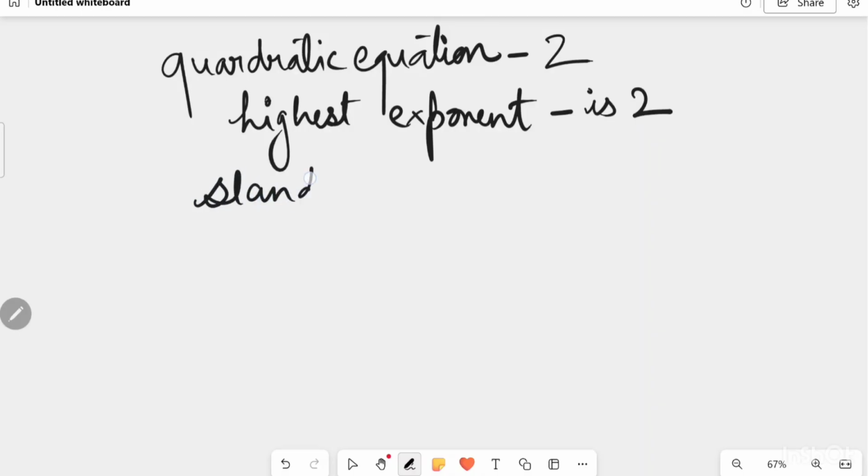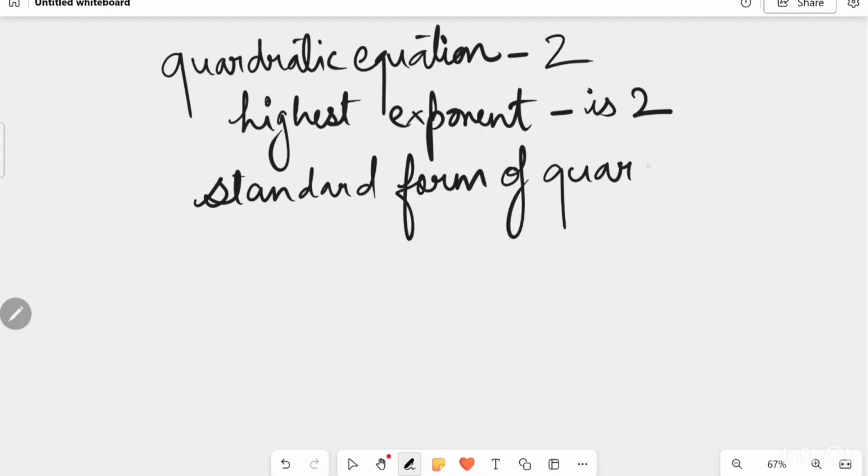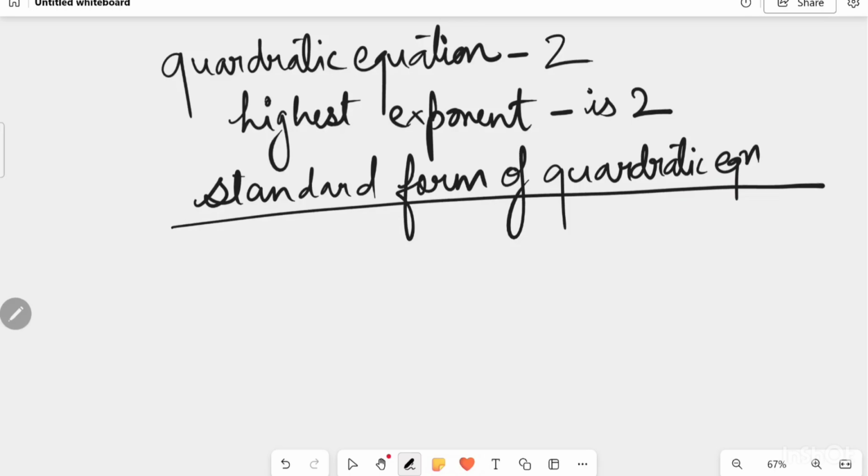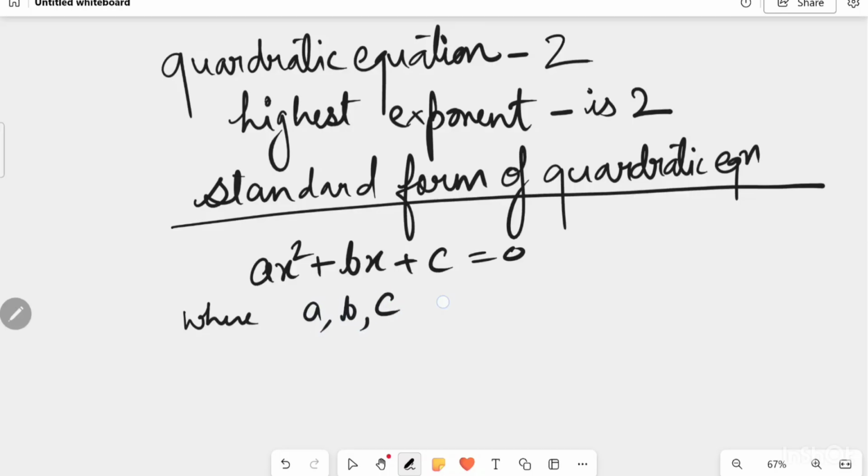Standard form of quadratic equation. The standard form of a quadratic equation is ax square plus bx plus c equals to 0, where a, b, c are real numbers, and a is not equal to 0.